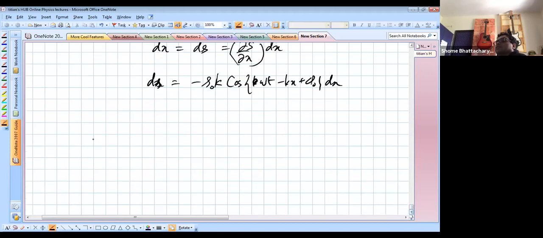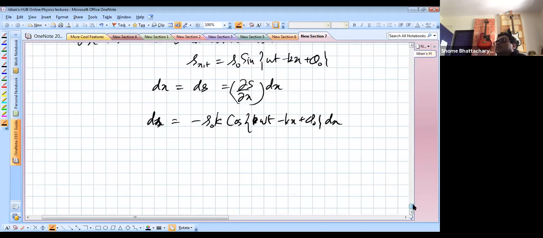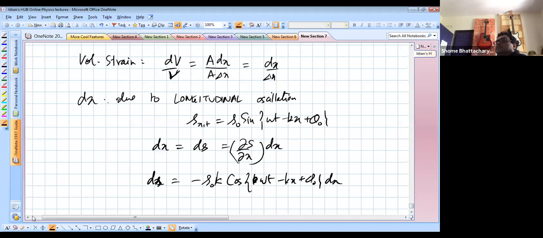So in fact, we should think of this last term here like a delta x. So ds is rate of change into delta x.